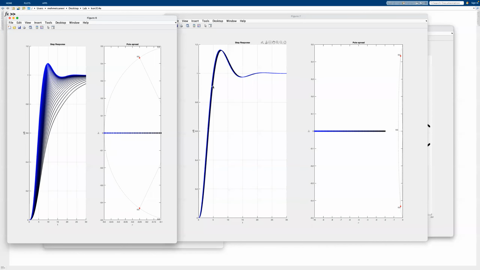Here, almost nothing changes, just numerical differences, which makes sense, because in the real world, we will not have exactly 4 seconds of settling time and exactly 10% of overshoot, because that is nonsense. So therefore, higher order systems can be controlled with this strategy, which is called dominant pole placement.